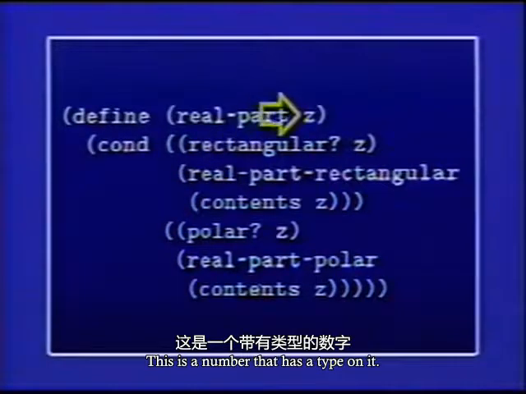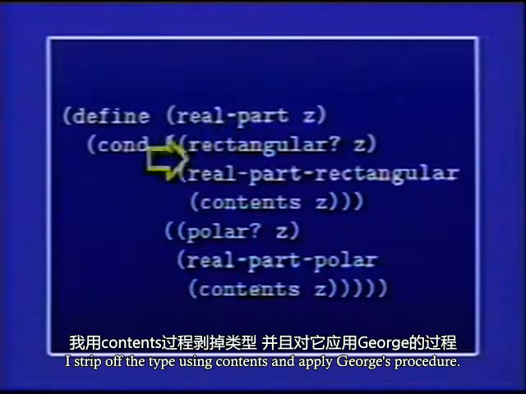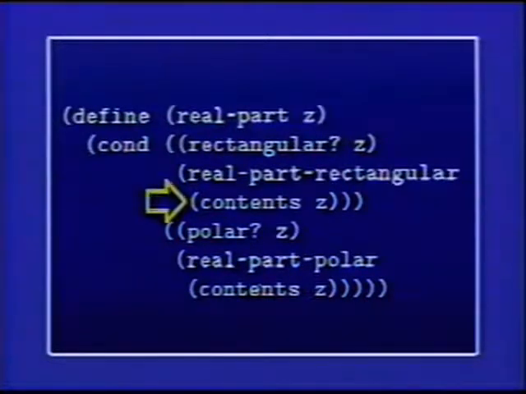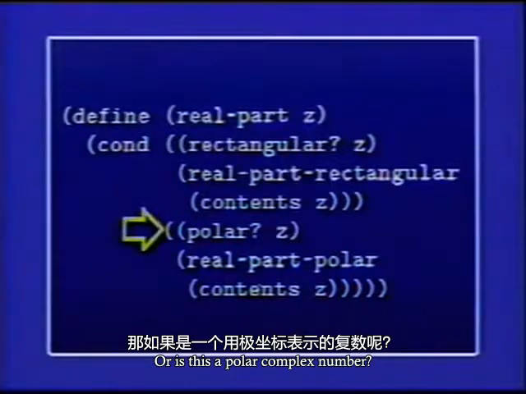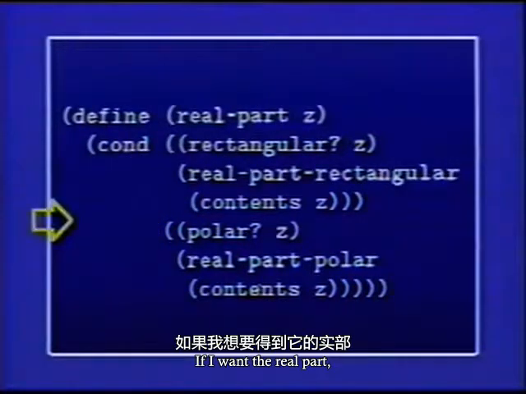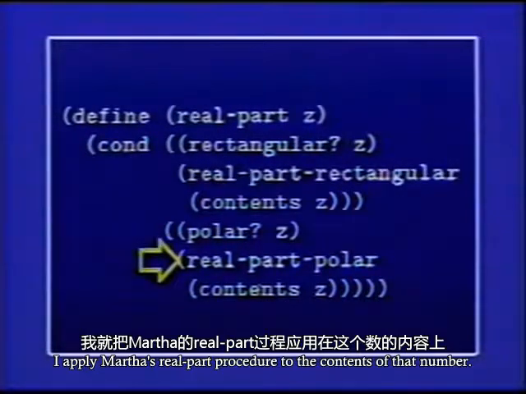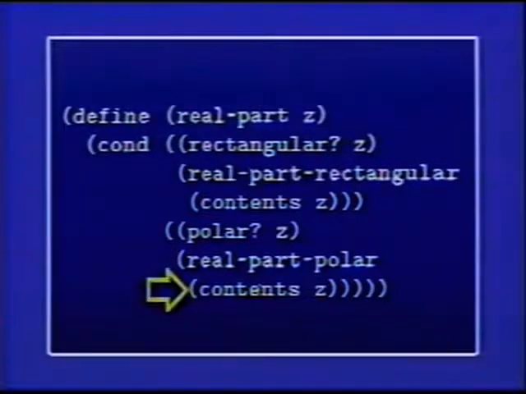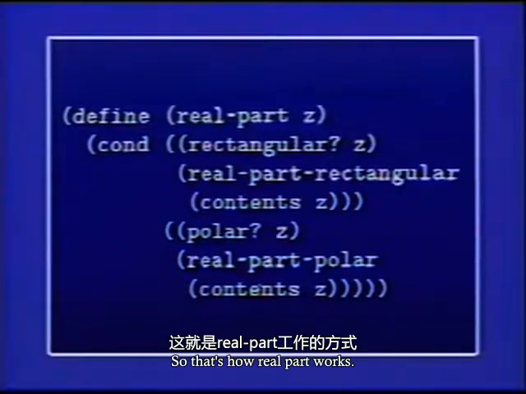This is a number that has a type on it. I strip off the type using contents and apply George's procedure. Or, is this a polar complex number? If I want the real part, I apply Martha's real part procedure to the contents of that number. So that's how real part works.